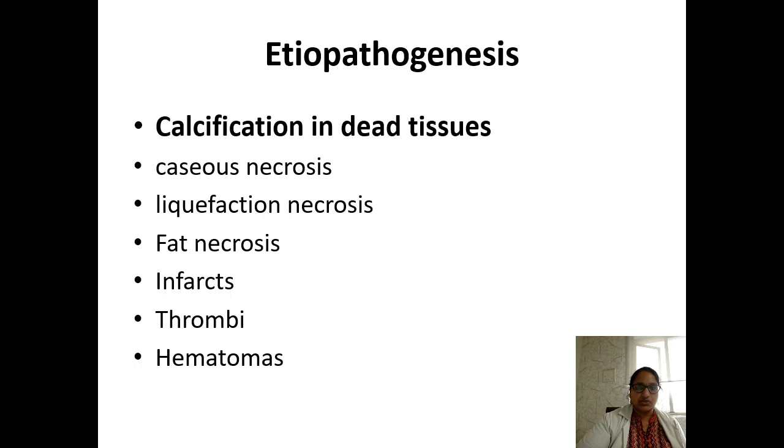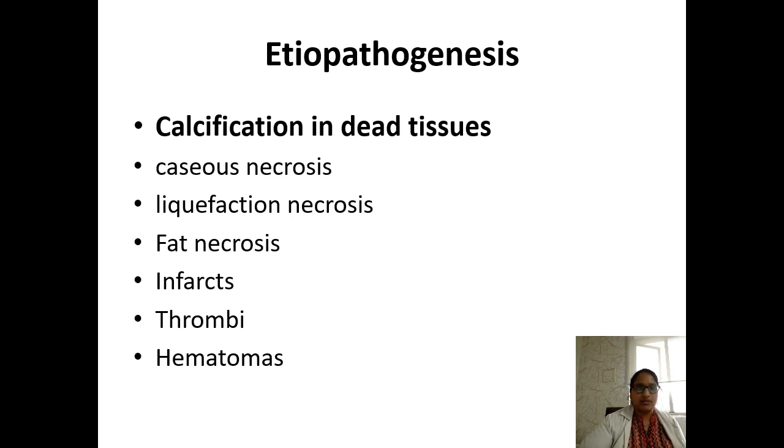Fat necrosis is due to trauma to the breast, or enzymes released in acute pancreatitis, which causes mesenteric fat necrosis. It can also be infarcts like myocardial infarction, splenic infarcts or liver infarcts, or thrombi or hematomas.